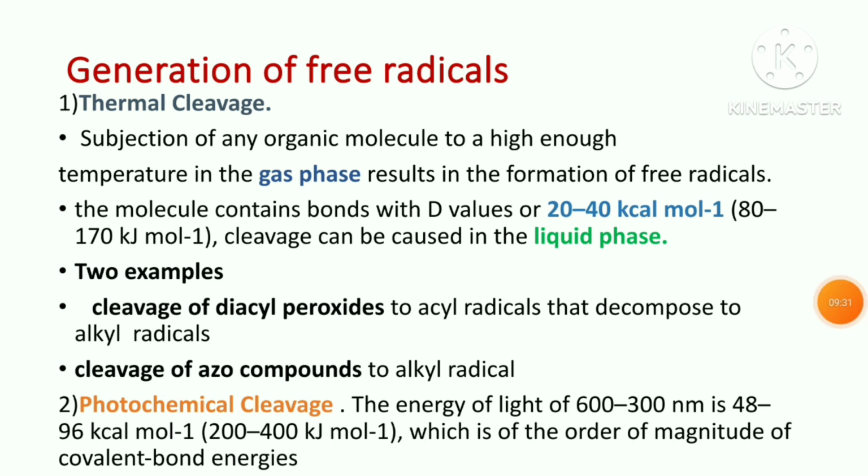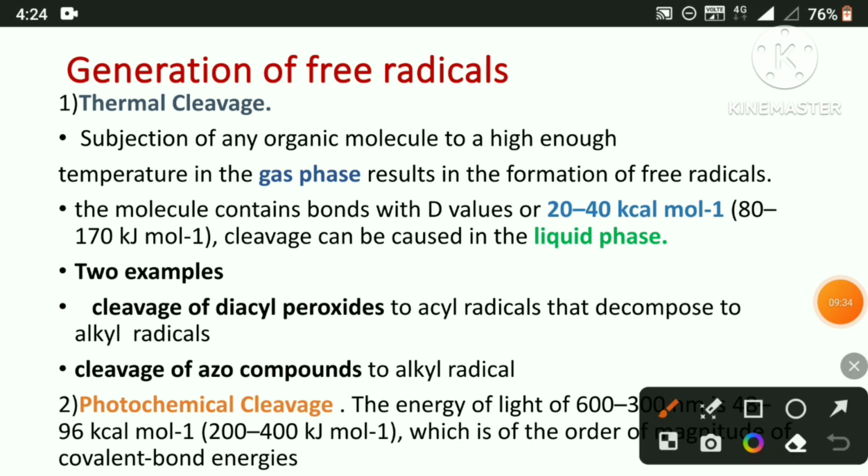Then, generation of free radicals. Free radicals are generated by homolytic cleavage. That is, a bond pair of electrons shared by two atoms, and the two electrons are taken by each atom.